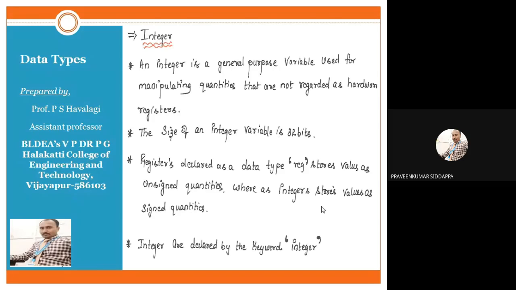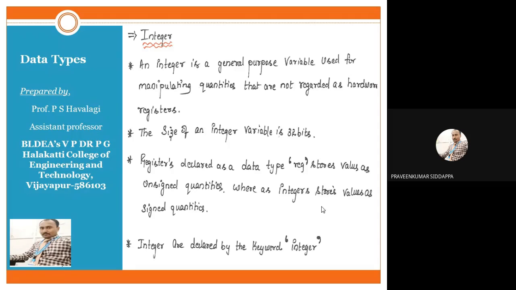Reg is declared as a data type. Reg stores values as unsigned quantities, whereas integer stores values as signed quantities. Remember it. Reg is a data type, but reg will store values as unsigned quantities, whereas integer stores values as signed quantities.